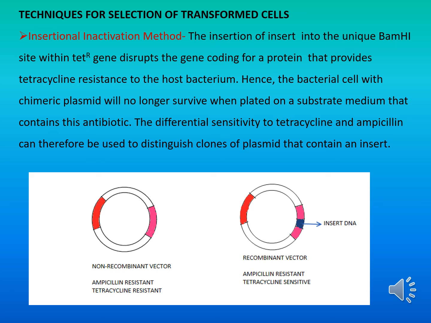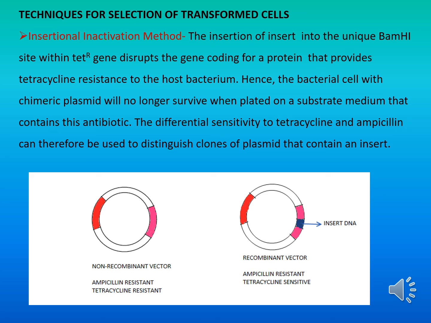It contains two antibiotic resistance genes and both these genes are functional. When we insert foreign DNA in this vector, this tetracycline resistance gene becomes inactive and the ampicillin gene is intact.